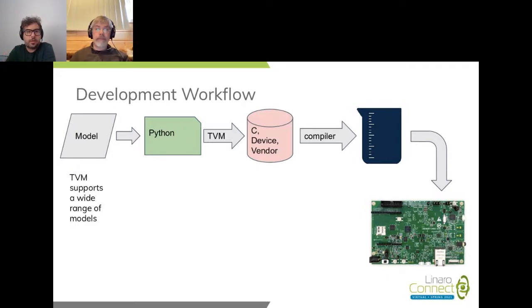Then it uses an LLVM API internally to convert, given a target, that intermediate representation, which is called Relay IR in TVM, to C sources, for instance. And then once we've got the C sources, one can use any normal toolchain for a target to finally compile the C source generated by TVM into native code to run on the board.